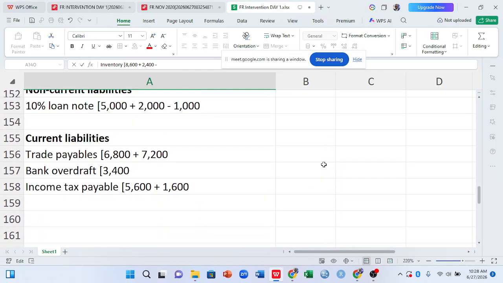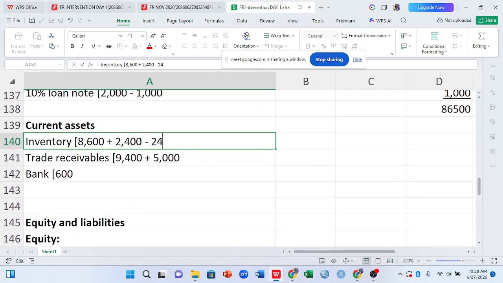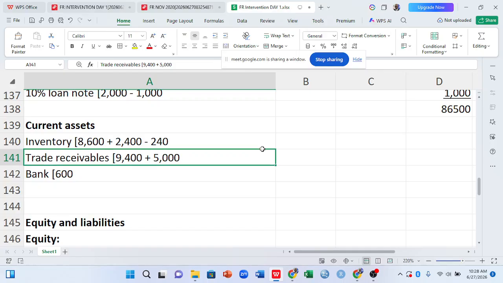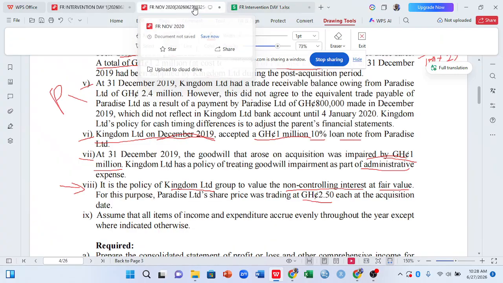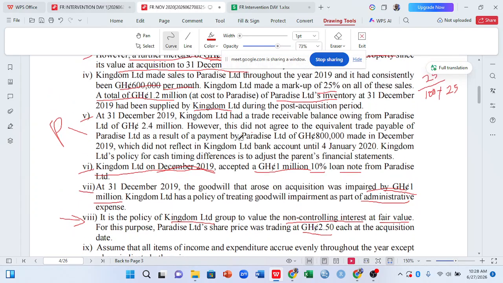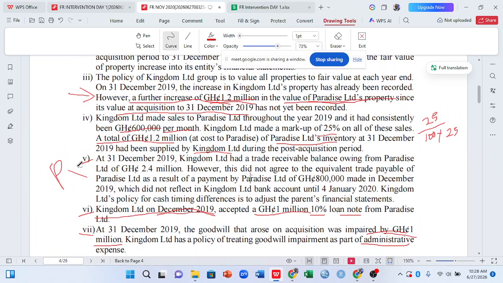We recorded 240 here. Then we check if within the year we had intra-group goods in transit. I think I saw cash or goods in transit here. That's additional information.